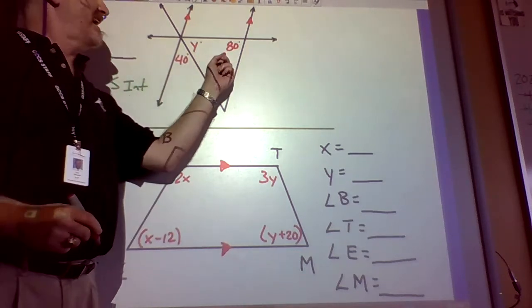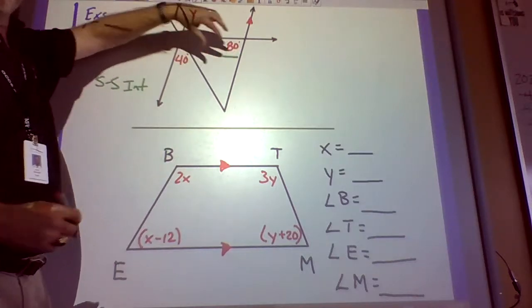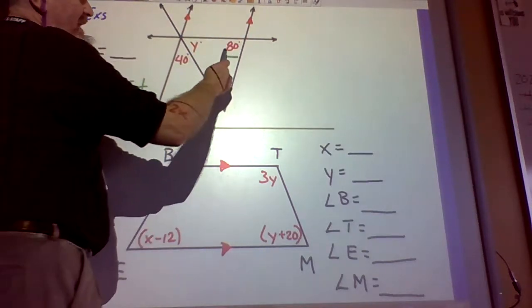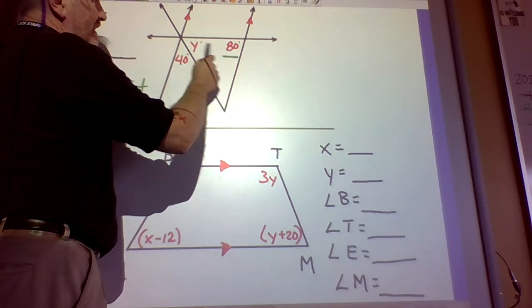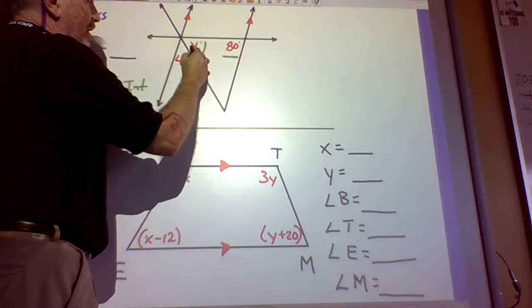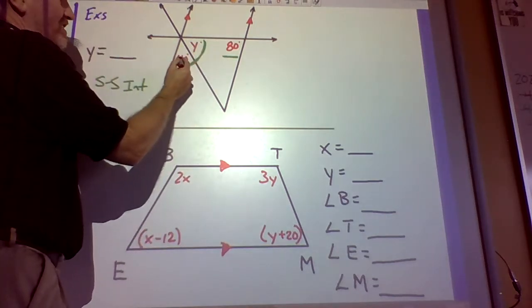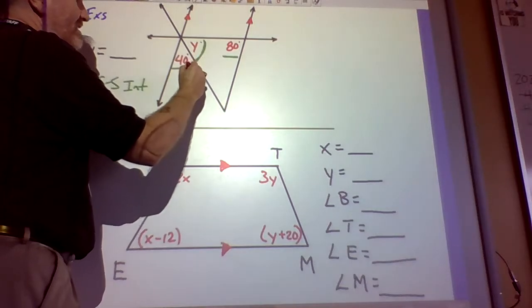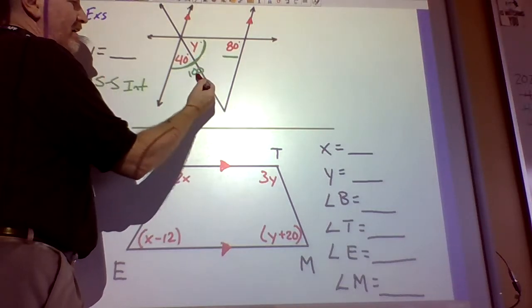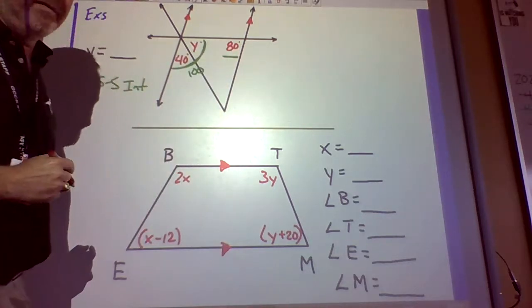So that means this 80 and these two combined have to add up to 180. So I think most people know if this one's 80 and these guys combined have to make 180, then this combo right here, not just the y, not just the 40, but combined has to be 100, right? Because 100 plus 80 makes that 180, all right?